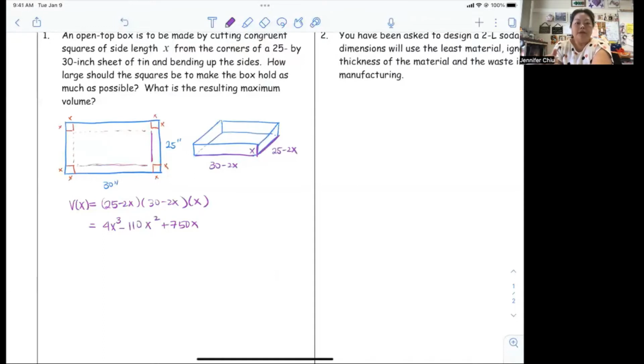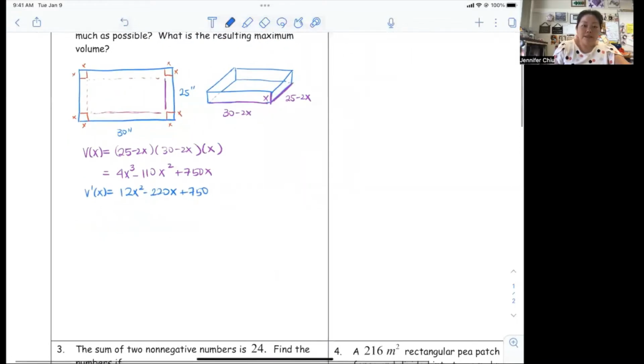And then, because we're trying to maximize the volume, how do we get maximums? We take the first derivative and set it equal to 0, right? So we take the first derivative, V prime of x, that's 12x squared minus 220x plus 750. And we find the maximum by setting this equal to 0. At the same time, you can see that the coefficients are all even, so we can divide by 2 just to get the numbers a little bit smaller.